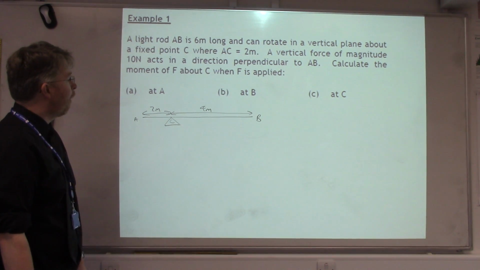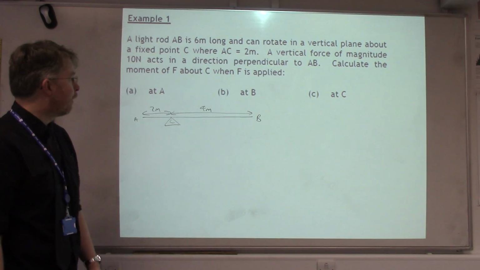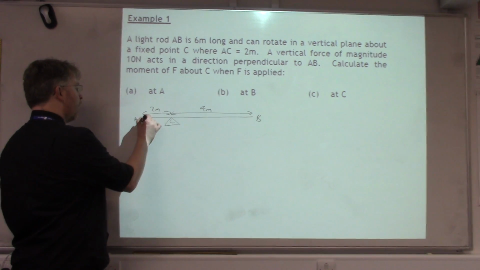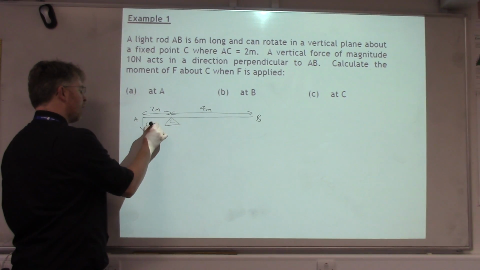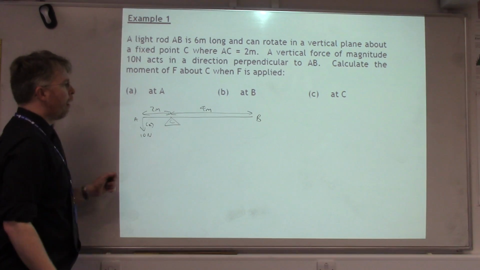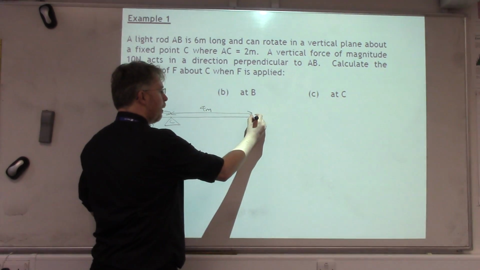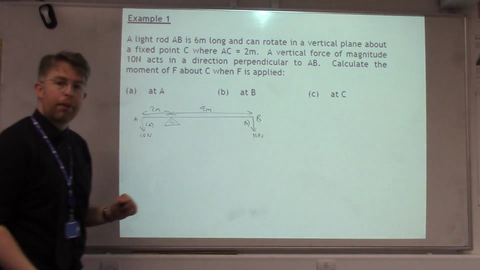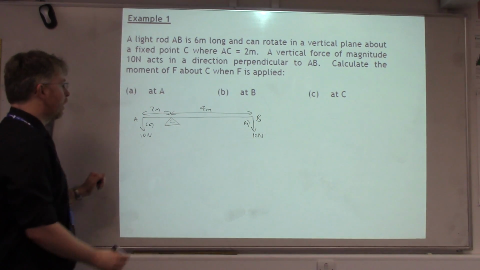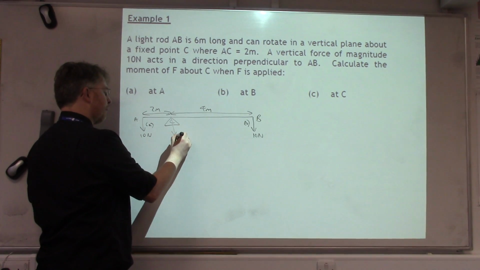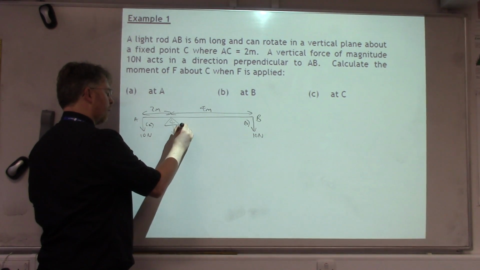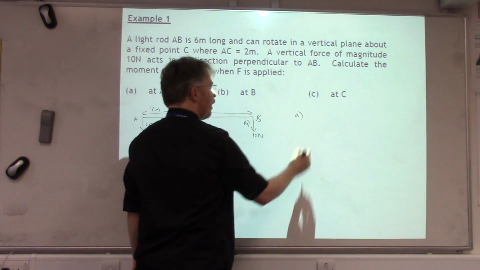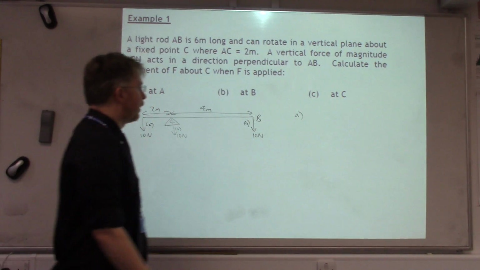Calculate the moment of the force F about C when F is applied in 3 different places. So in part A, it's applied at A. In part B, at B. So we're going to label the forces in the part, and in part C, at C. So dealing with A, the moment is force times distance.